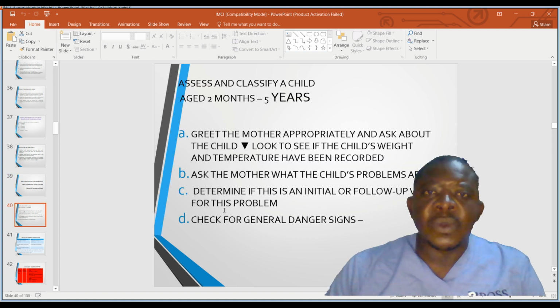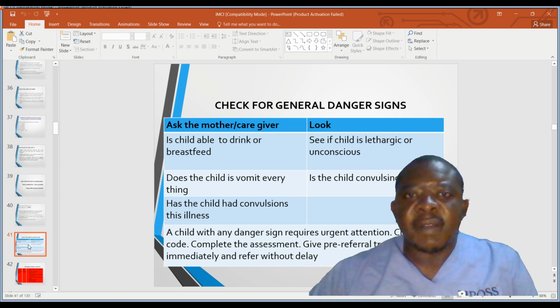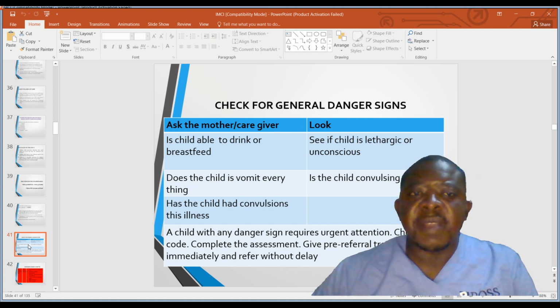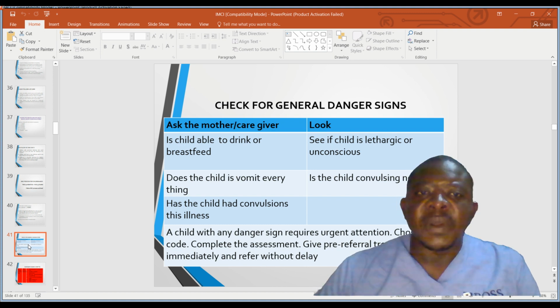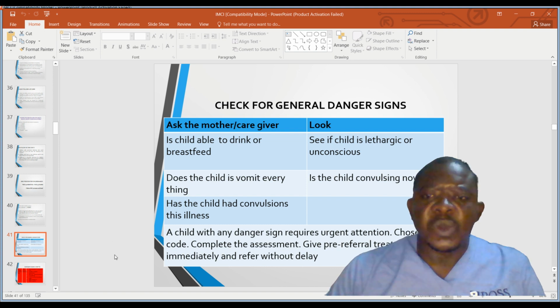So you can have some exercises on the same and see how you can apply the steps in IMCI management, like checking for danger signs and checking for the 4 main symptoms. You can do that so that you better manage your children according to IMCI.